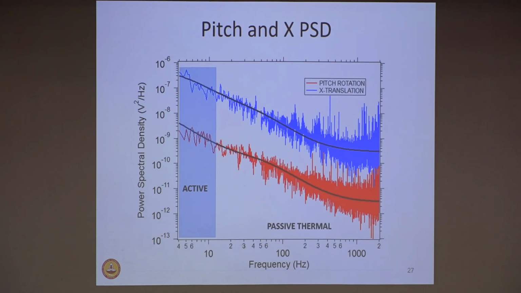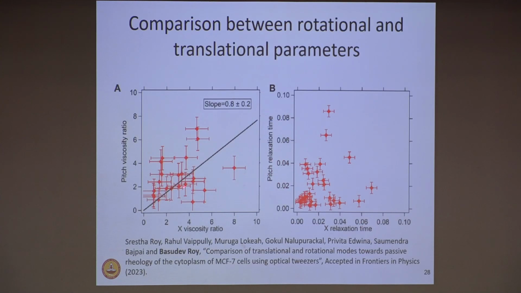And then we compared the pitch and the XPSD, and the thermal PSDs match pretty well, and this is the active region. We compared this at low viscosities, and it is matching pretty well 1:1.